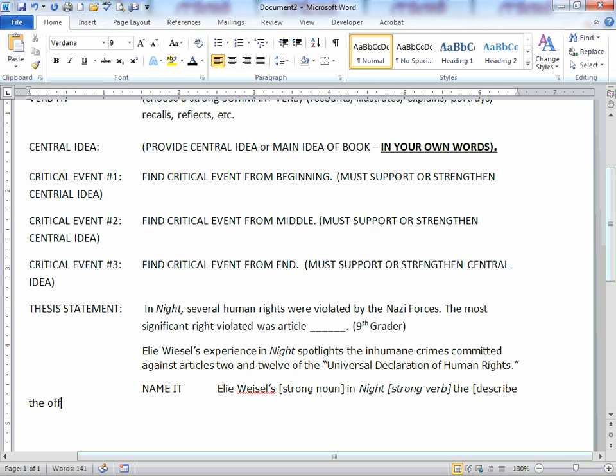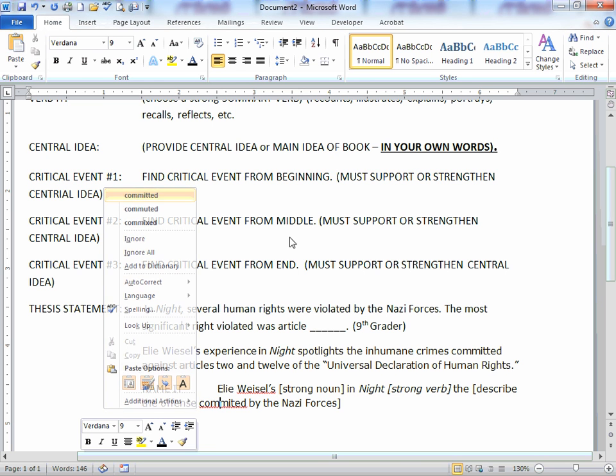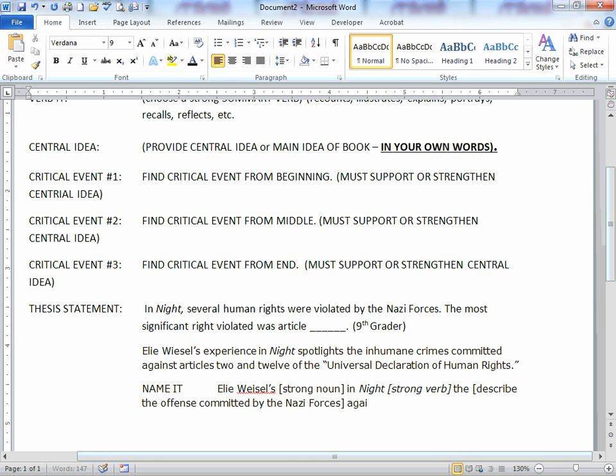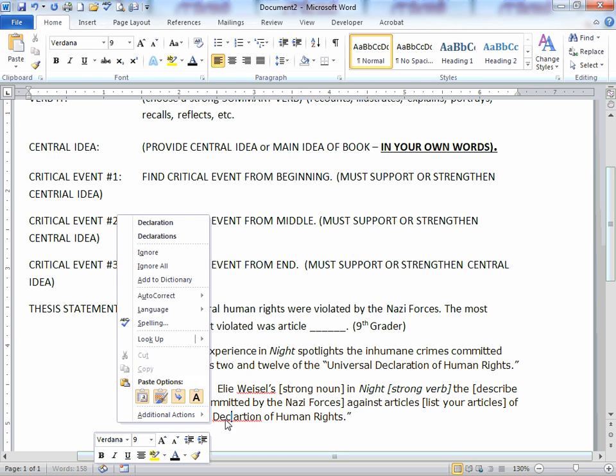Describe the offense committed by the Nazi forces against, then list your articles of the, then everybody would have the Declaration. And let me spell declaration correct.